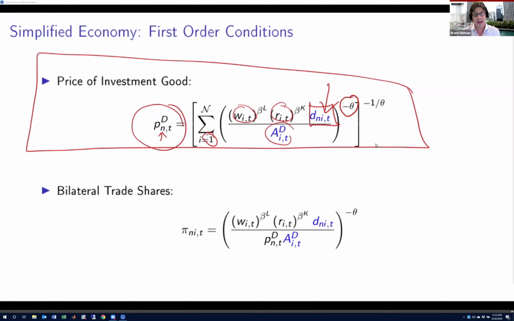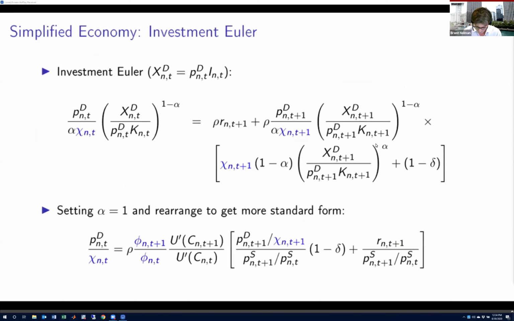And again, weighted by this DNI term. In other words, if I'm an auto consumer in the United States, I care much more about the price of steel in Mexico, which presumably is where a lot of my final auto expenditure is assembled, than the price of that same good, steel, in New Zealand, where presumably it's less important. Okay, so this is how this all works.